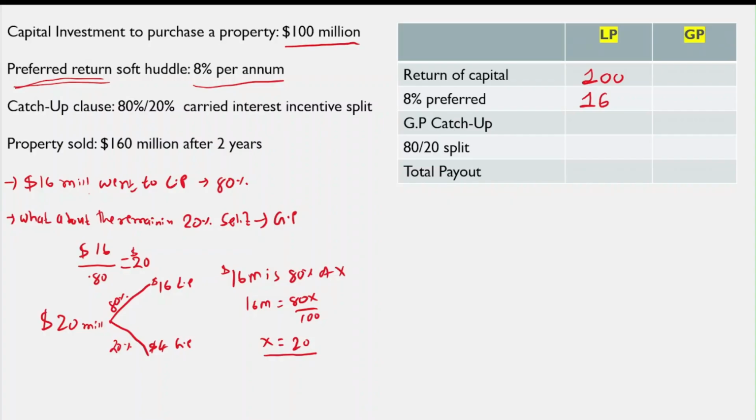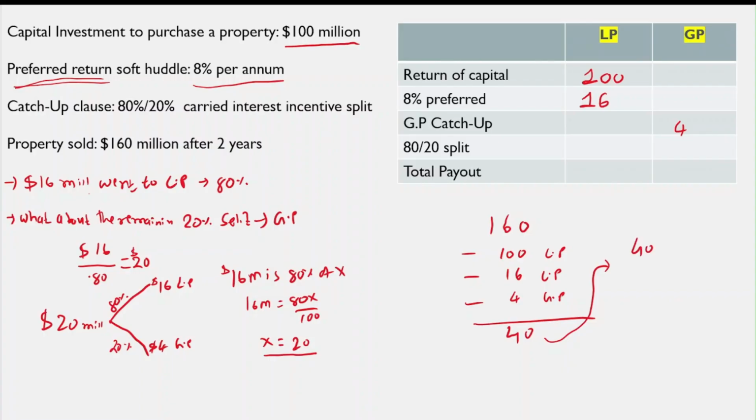Now let's fill our spots here. 4 million went to the general partners. The property was sold for 160. Out of that, 100 million went to our limited partners, another 16 went to the limited partners, and 4 went to the general partners. So we remain with 40 million. Now the 40 million will have an 80-20 split, right?